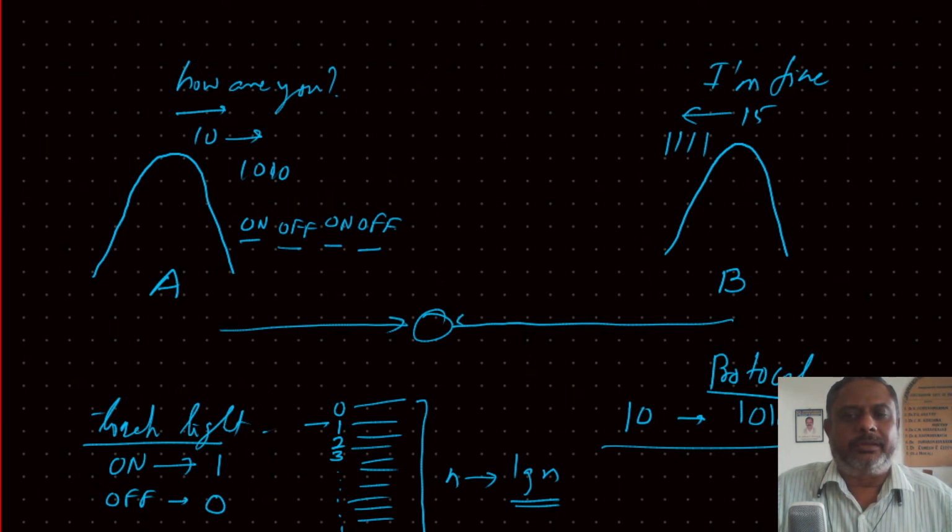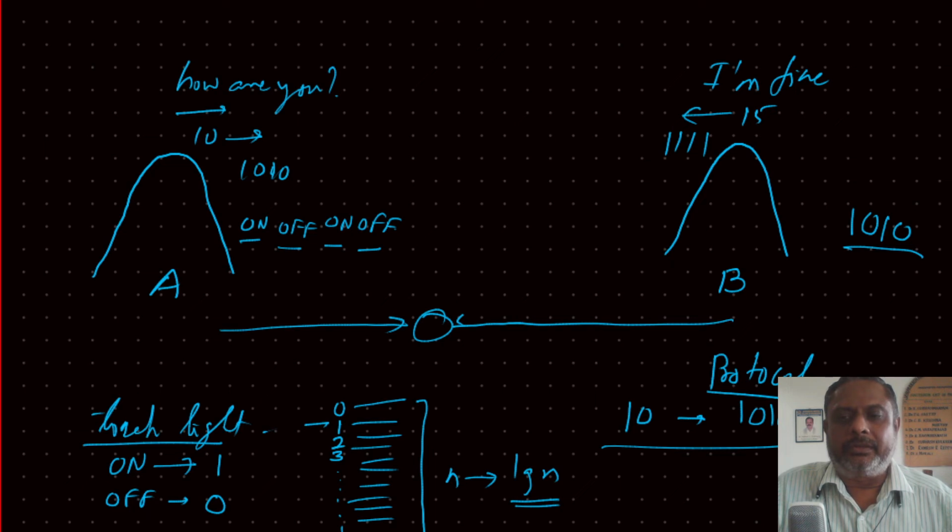The other person is watching the light, and whenever he sees light, he notes down a 1. When he sees no light, he notes down 0. Then he sees light again, so he notes down 1, then no light, so he notes down 0. After 4 sessions, one conversation is complete.